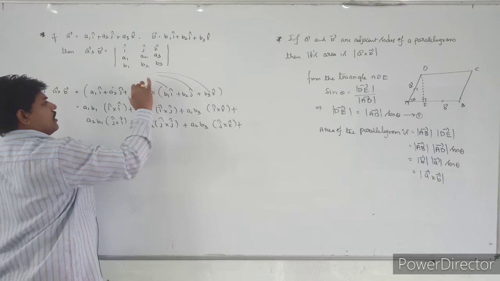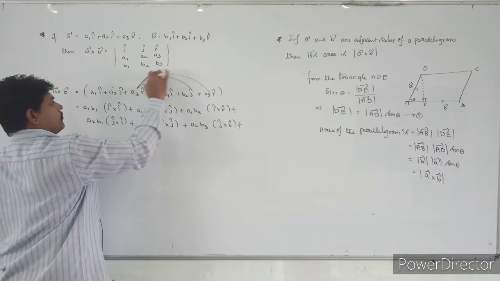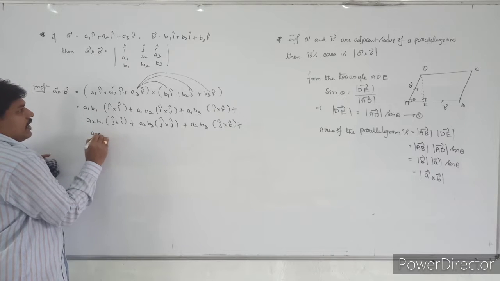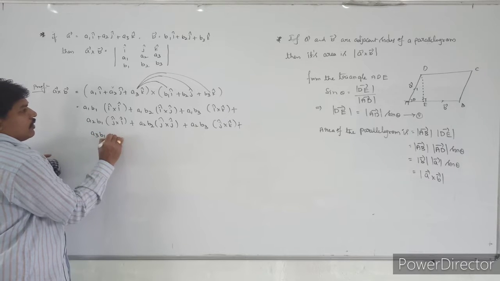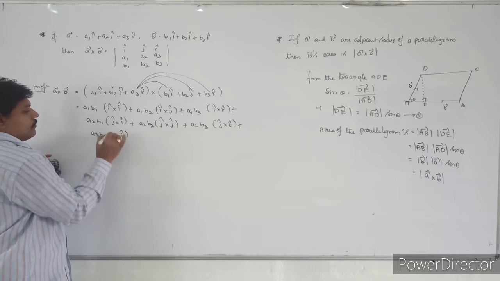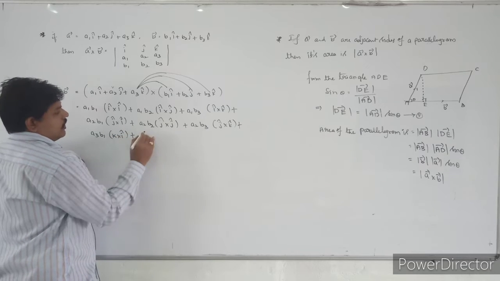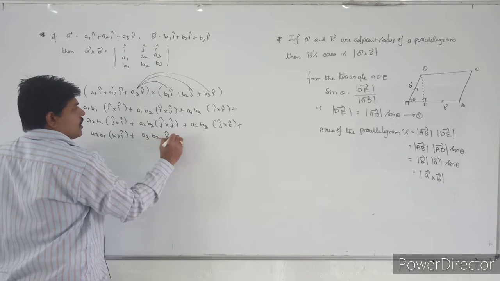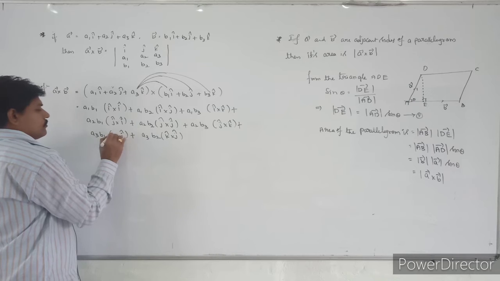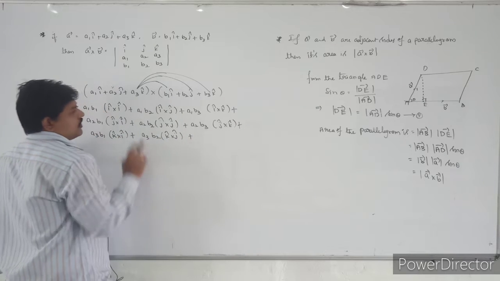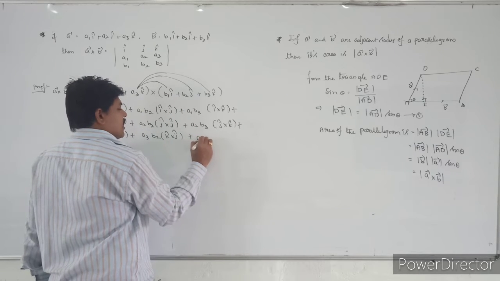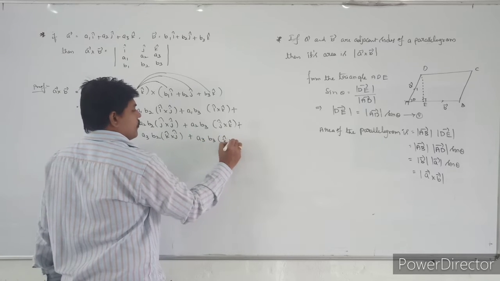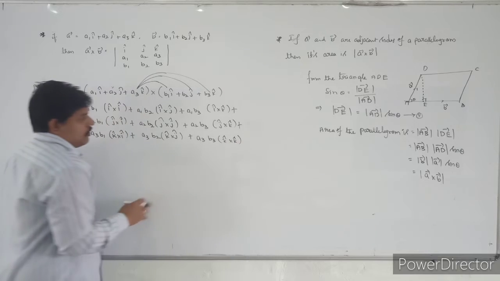A3 B1 into k cross i plus A3 B2 into k cross j plus A3 B3 into k cross k.